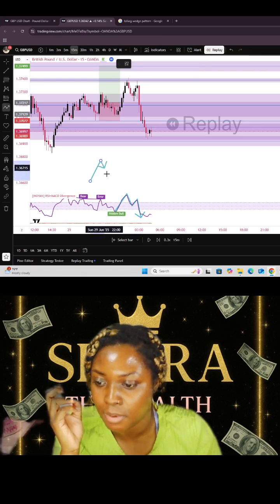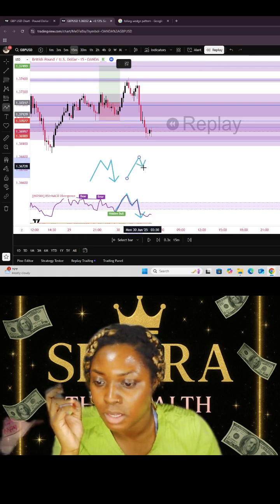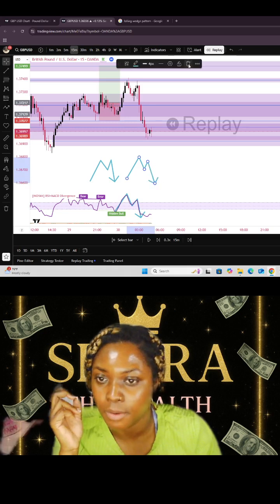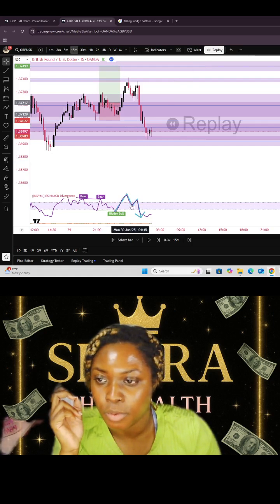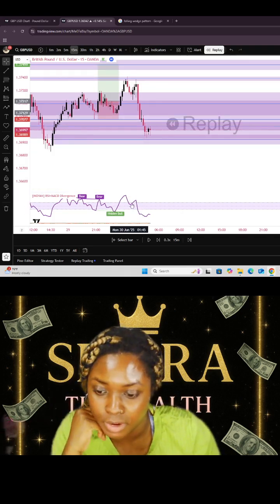So double top price will be equal, okay? Quasimodo is not going to be equal. It's going to give us a higher low or a lower high, okay? So we got a Quasimodo on our chart, which was giving us sells.